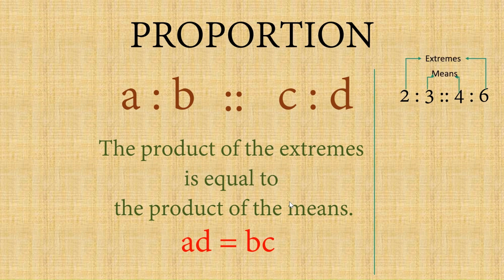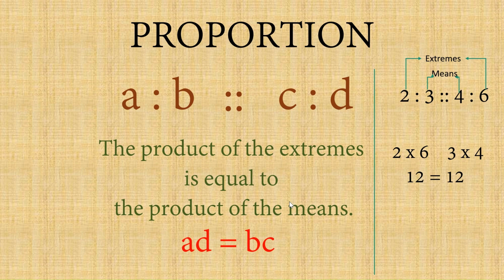Take the product of extreme values. 2 and 6 are extreme values, so 2 into 6 is the product of extremes. 3 and 4 are mean values, so 3 into 4 is the product of means. 2 into 6 gives 12. In the same way, 3 into 4 also gives 12. Both are equal. So we can tell that the product of extremes will be equal to the product of means.